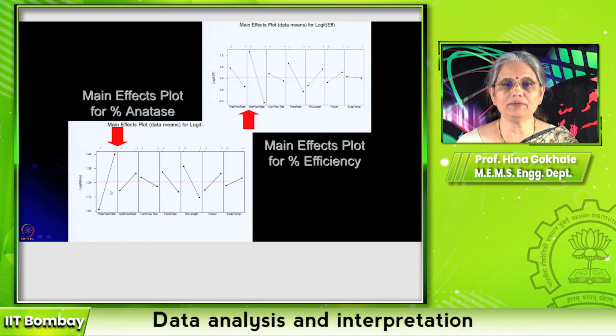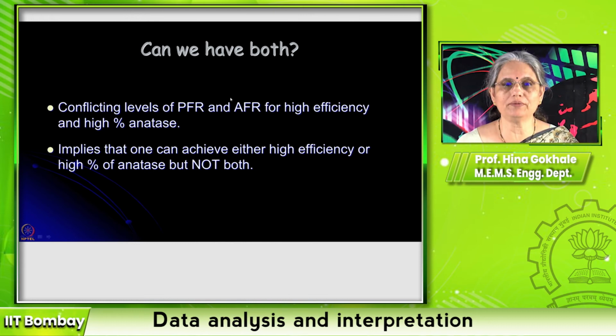You can't have both. This is what it really says. And that you can see here, because if you look at the main effect plot also, you see that the slopes are in different directions. So, if you are choosing maximum on both sides, your level selections are exactly opposite. So, can we have both? We can't.